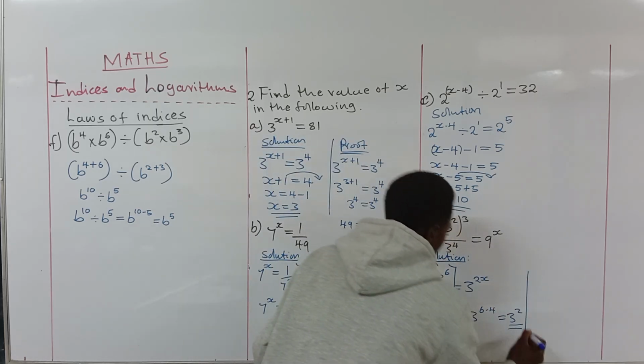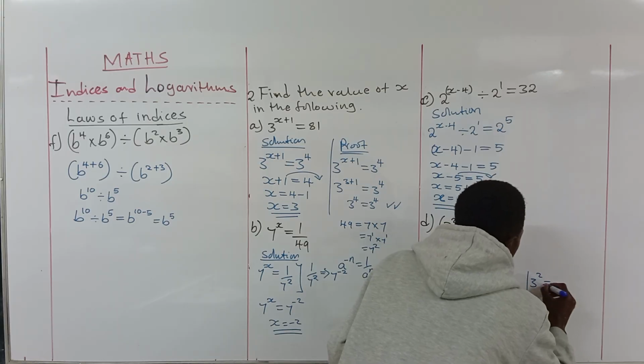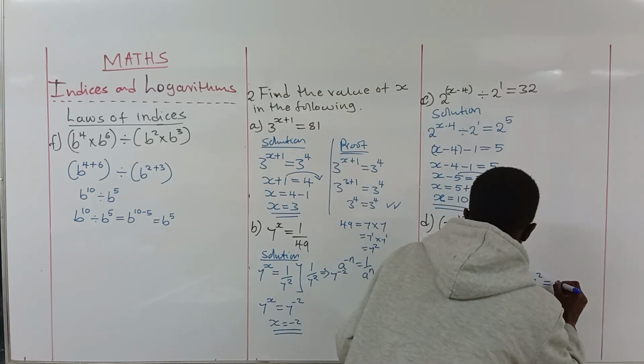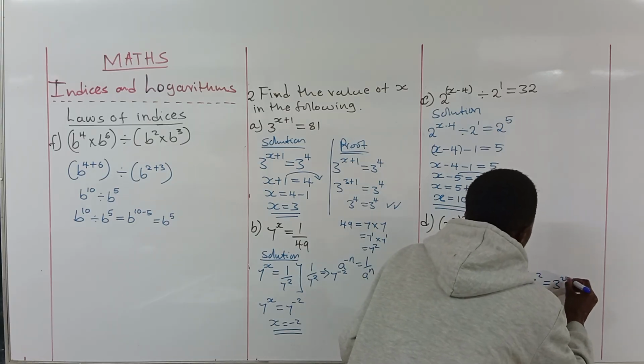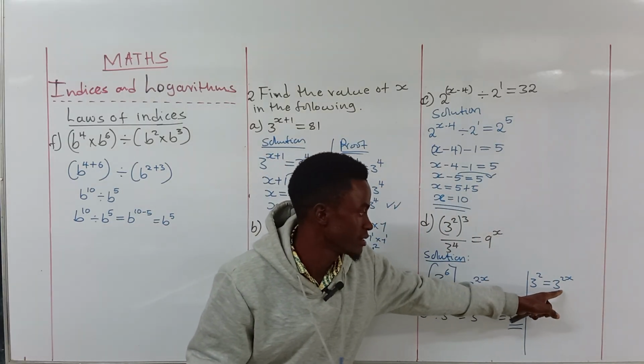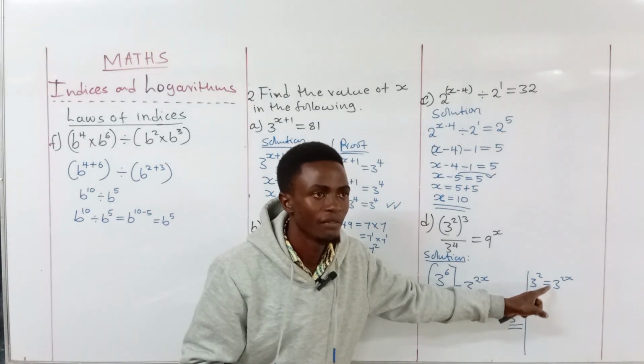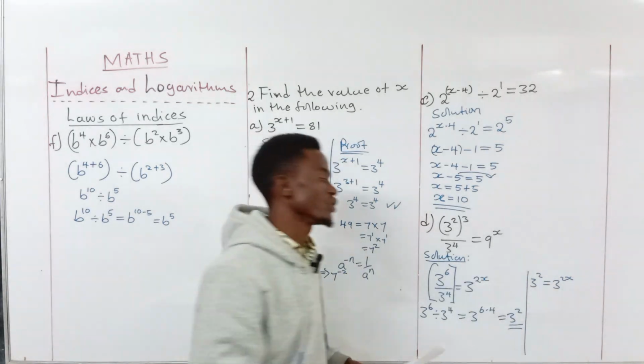So 3^2 is equal to 3^(2x). On this end, we have the same bases but raised to different powers. If we have the equality sign, then the powers can be equated.